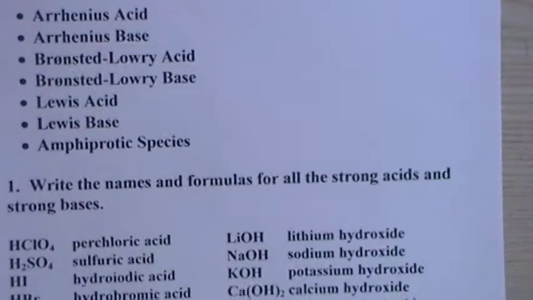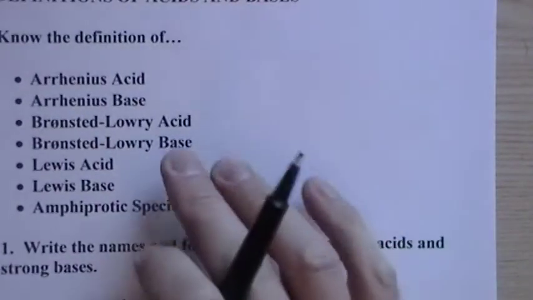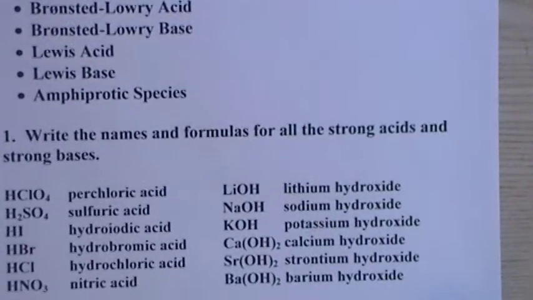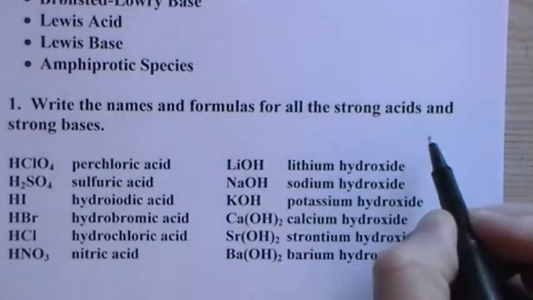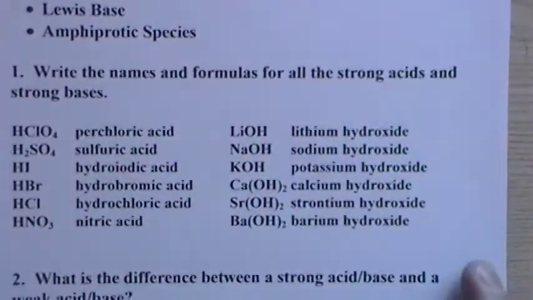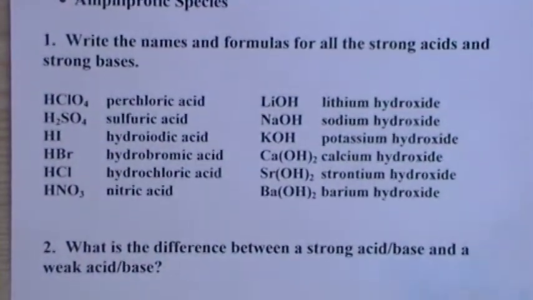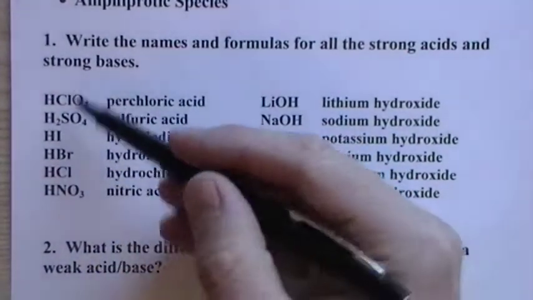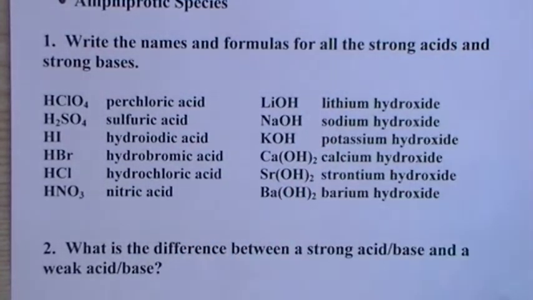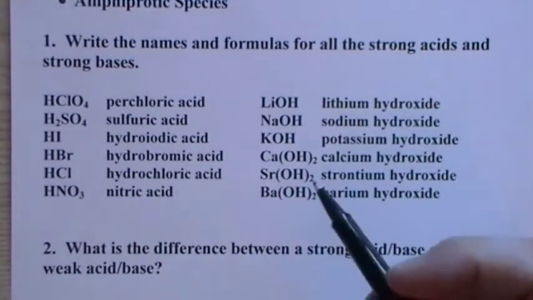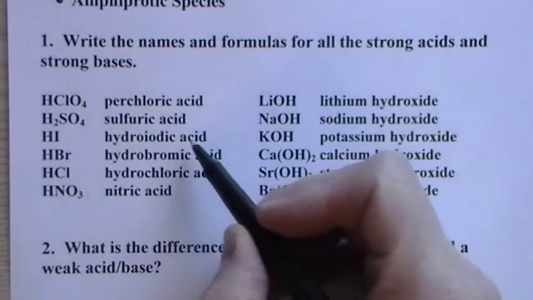The first thing is you need to know the definitions of these terms, and then you need to be able to write the names and formulas of all the strong acids and strong bases. I wasn't going to write these out and waste time doing that. Here are the formulas, here are the names. You should know them, but make sure that for the acids they end in acid.